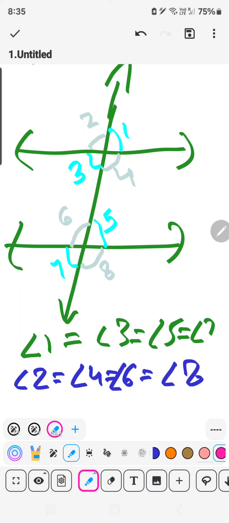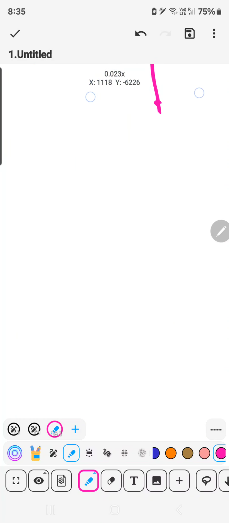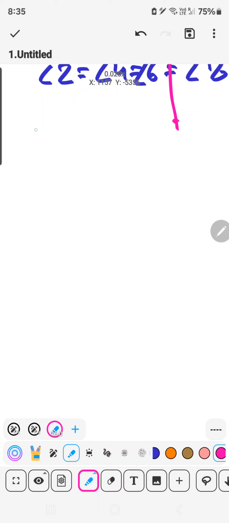See, angle 1 is vertically opposite to angle 3. You can write this if you want. Angle 1 is equal to angle 3.